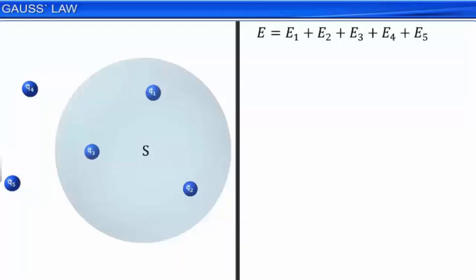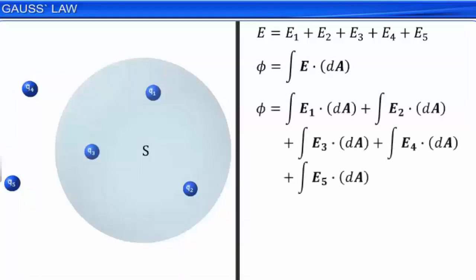The net flux of the resultant electric field strength E through the Gaussian surface is phi equal to integral E dot dA, which is equal to integral E1 dot dA plus integral E2 dot dA plus integral E3 dot dA plus integral E4 dot dA plus integral E5 dot dA.